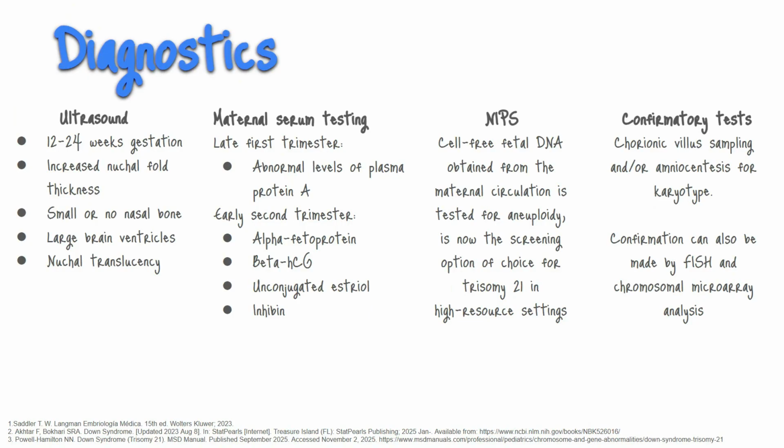In confirmatory tests, we have chorionic villus sampling, which is a sample of the placenta, and amniocentesis, which is a sample of the amniotic liquid for the karyotype, and confirmation can also be made by FISH and chromosomal microarray analysis.